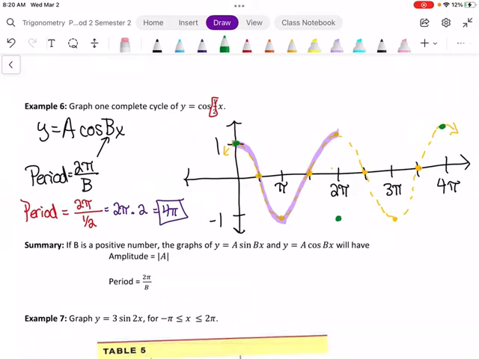And halfway between the +1 and -1, we're going to be at 0, which would be pi. And then halfway again, we're going to be at 0 at 3 pi. So we're just following that same pattern and stretching that graph out, making it longer. So that's what the graph of y equals cosine of 1/2 x would look like.